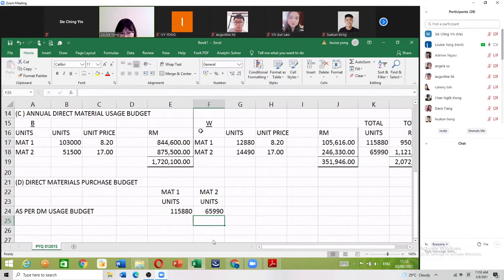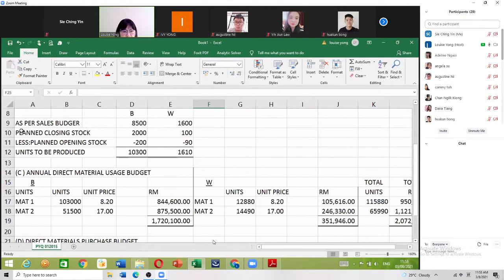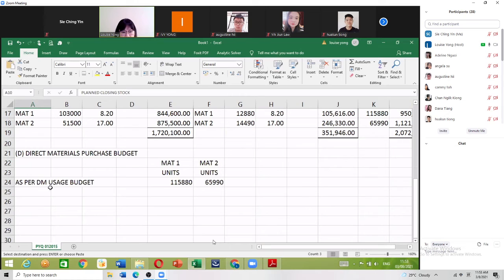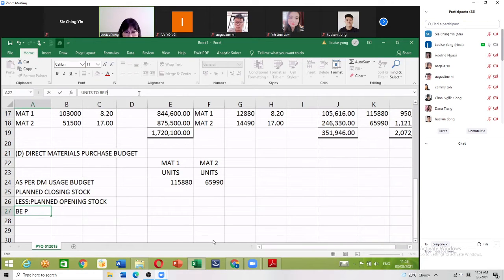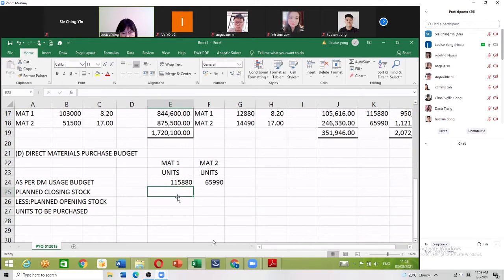Here, as per material usage, this is the total material you need to purchase in order to produce B and W, and then how to keep your stock level. So it's the same here: what is your planned closing stock? What is your planned opening stock? Then total units to be purchased. What will be your planned closing stock?